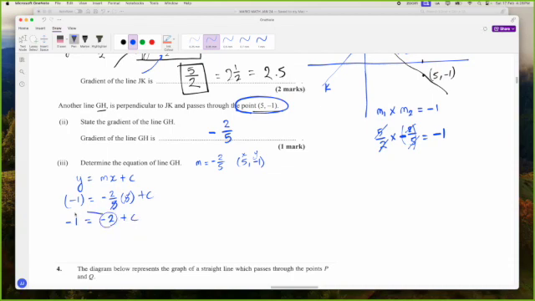Throw the minus 2 across, c is equal to positive 2 minus 1, so c is equal to 1. So therefore, the equation of GH will be y is equal to negative 2 on 5 x plus 1.